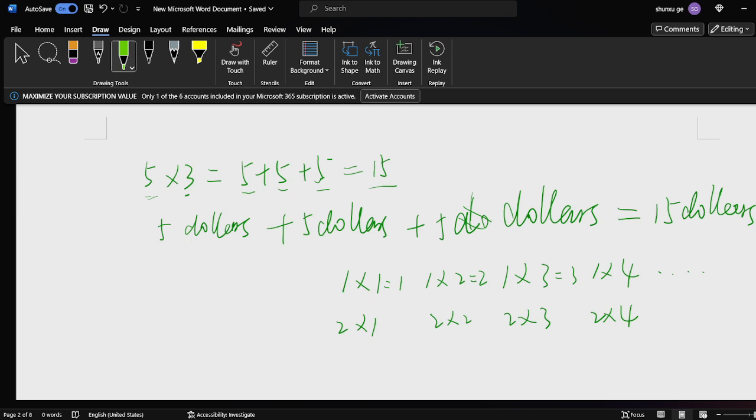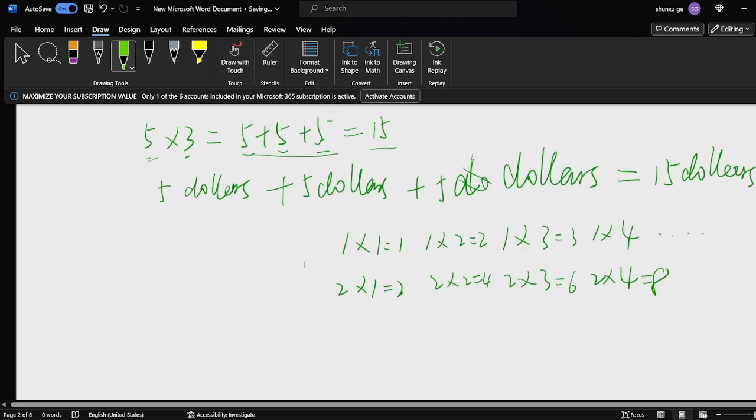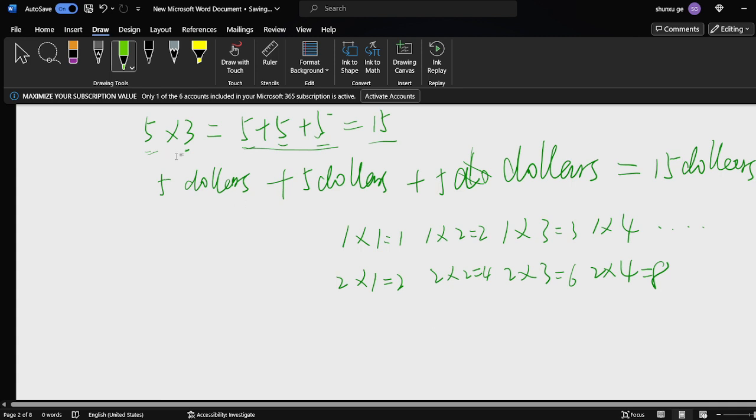When you practice, you should do this to confirm it is right. But when you use the multiplication table, just call them directly. So 2 times 1 is 2, 2 times 2 is 4, 2 times 3 is 6, 2 times 4 is 8. So that is multiplication.